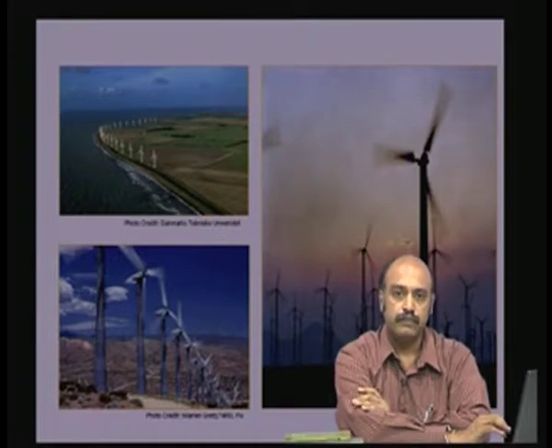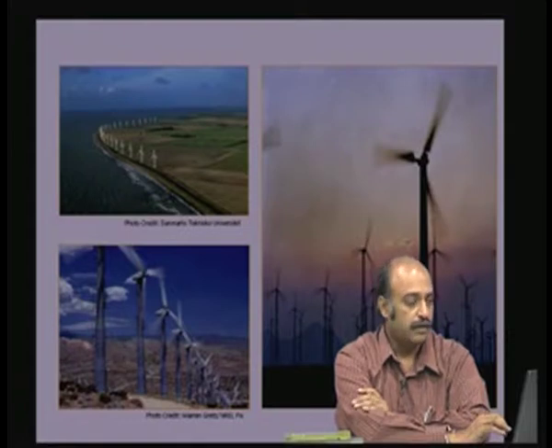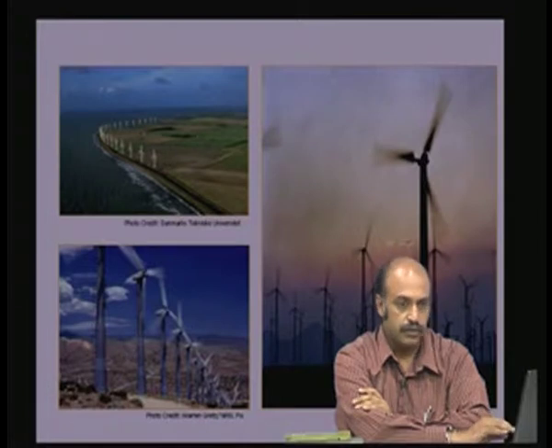Windmills, wind generation. You would have seen a lot of windmills in our country, in the southern part of India, Tamil Nadu, and also in the northern part of the country, in areas of Rajasthan and Gujarat. There are a whole lot of areas where windmills have been active.